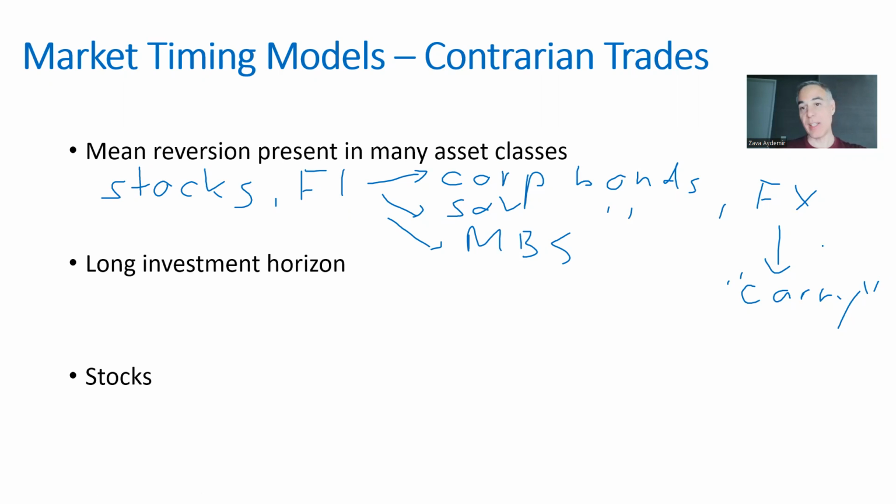Today, however, and in the next couple of sessions, I will be talking about an example of a very long investment horizon, in fact, of 10 years. This is not to say that this is the only one that works, but it's publicly available. There are research papers describing the way contrarian trades can be implemented very nicely. And I will just walk you through these in these next video sessions, illustrating it with long-term horizons.